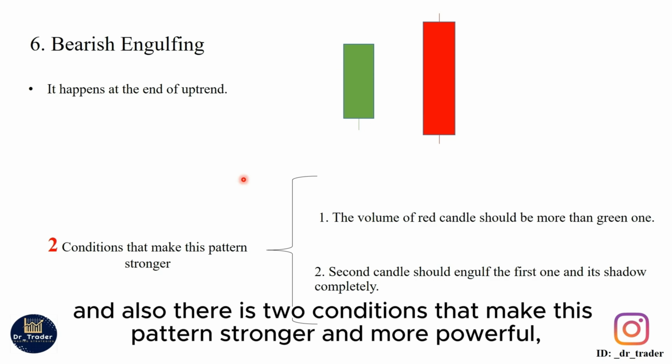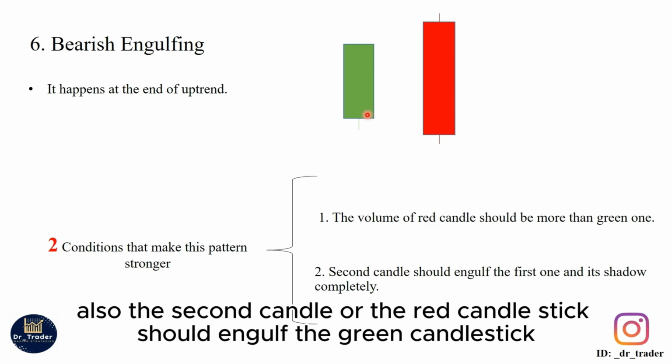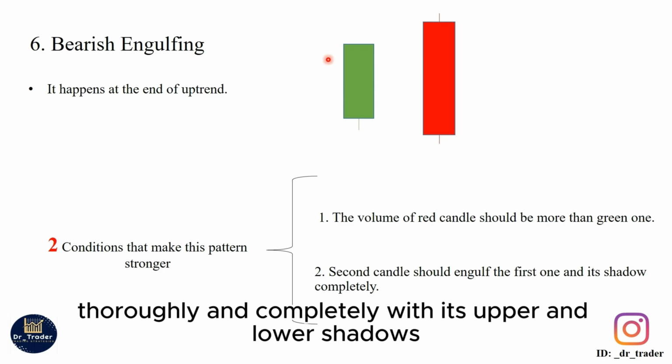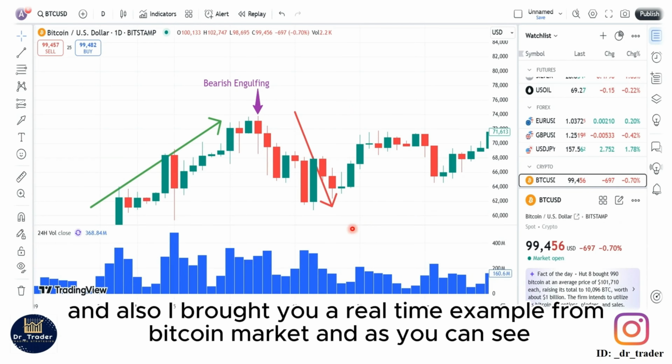And also there are two conditions that make this pattern stronger and more powerful. The first one is that the volume of the red candle should be more than the green one, and the second is that the red candlestick should engulf the green candlestick thoroughly and completely with its upper and lower shadows. And also I brought you a real-time example from the Bitcoin market.